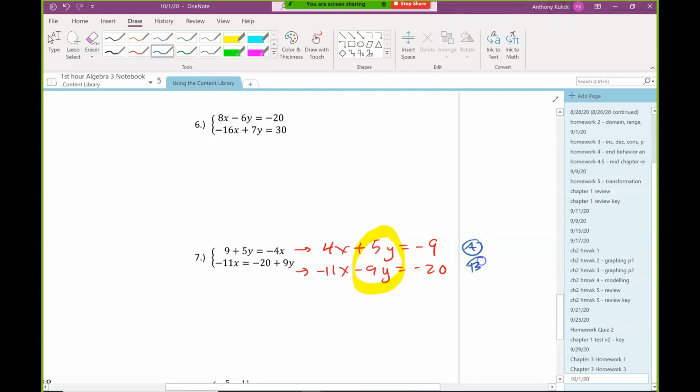So if I refer to the first one as equation A and the second one as equation B, I'm going to do 9 times equation A plus 5 times equation B. That'll make the y's 45y and negative 45y, so when I add them together, they'll cancel out.